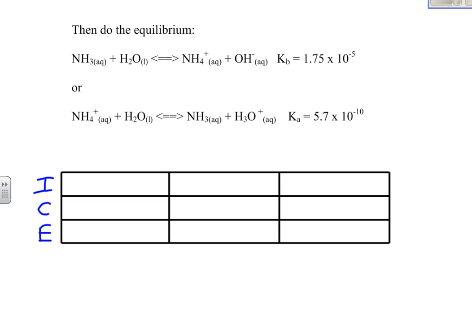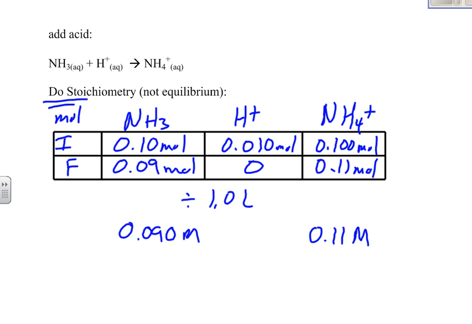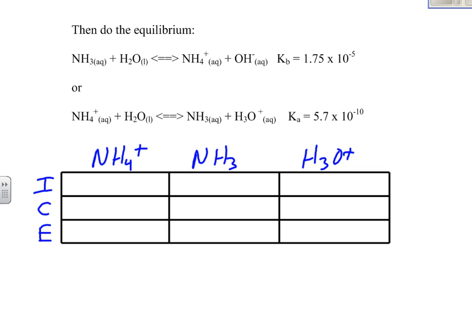So we're ready to go to our ICE chart. Here again, I'll do the acid reaction. So I'll start with the NH4 plus, NH3, H3O plus. And the NH4 plus was the one that went up, so that went to a concentration of 0.11 molar.